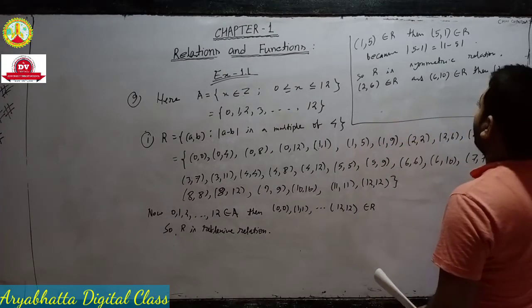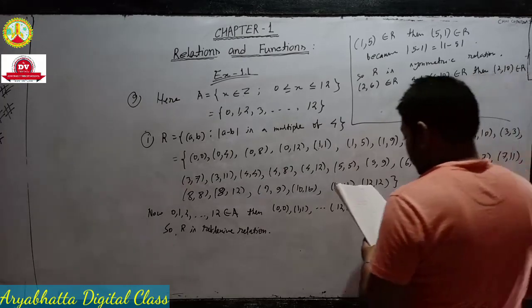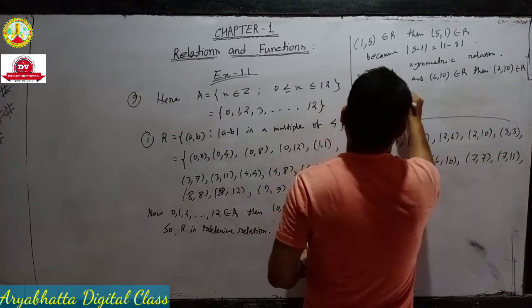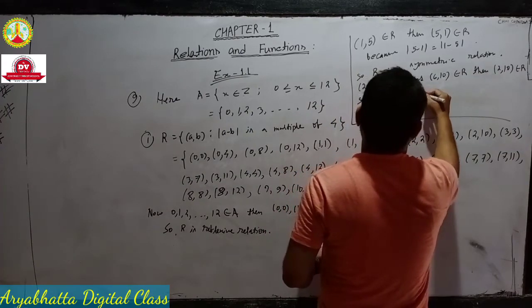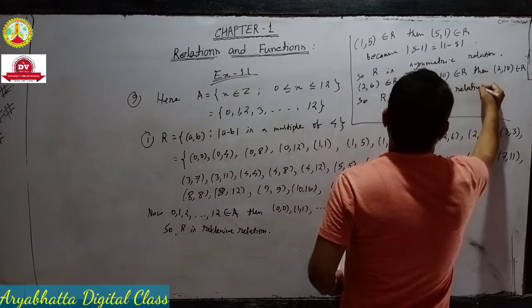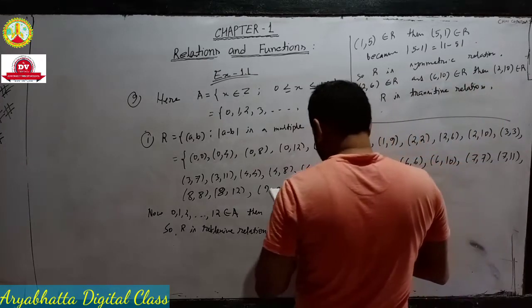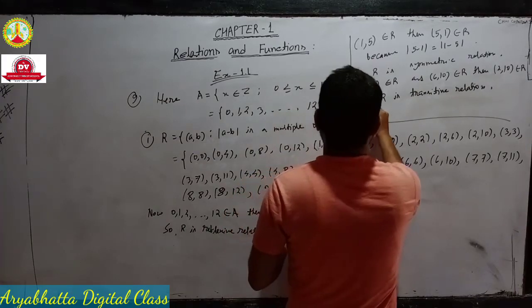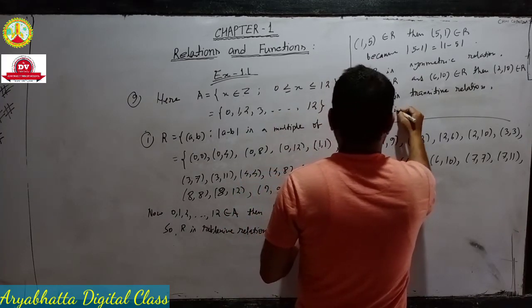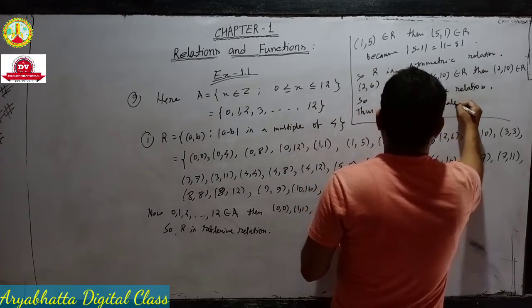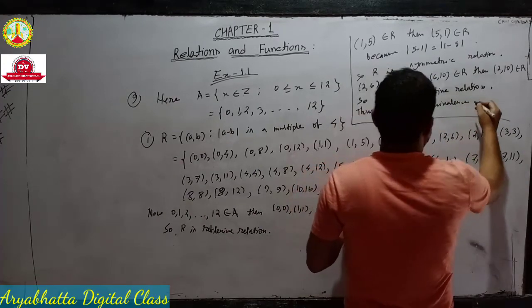Therefore this relation is called a transitive relation. So R is a transitive relation. Thus, R is an equivalence relation.